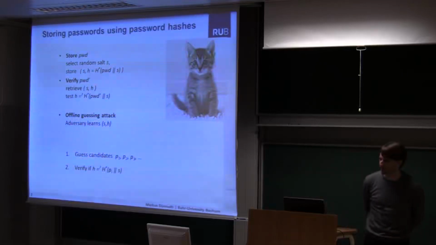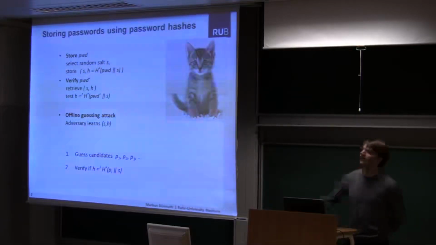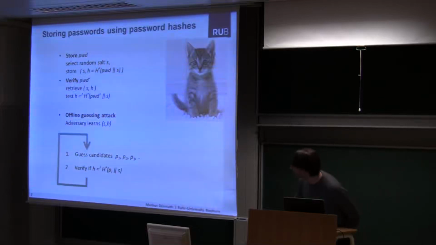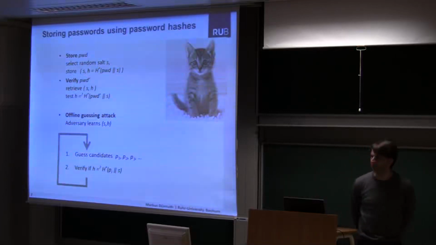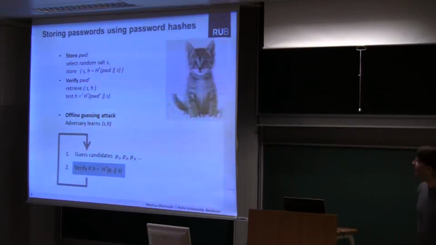Now, of course, you all know what an offline guessing attack is. If the adversary learns S and H, then he can guess a password candidate, verify if that one is correct, and then we just start that process over and over until we finally find a password candidate PI that matches that verification here. Now there are two ways to improve the security of passwords against offline guessing attacks.